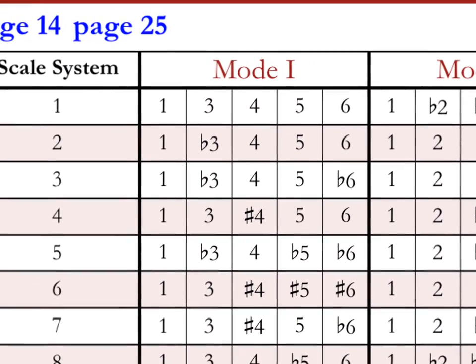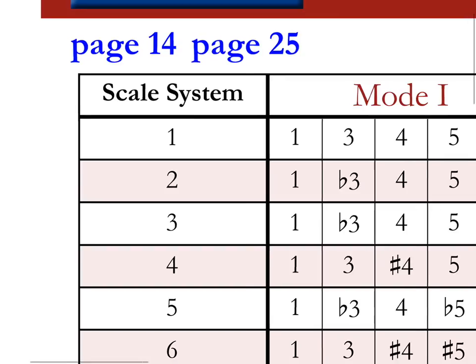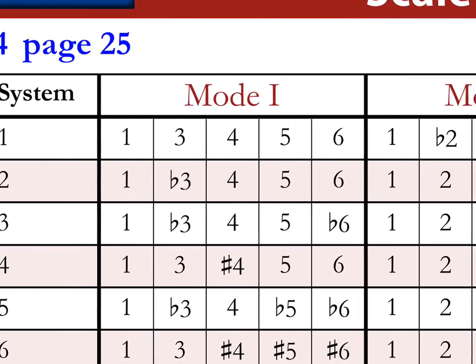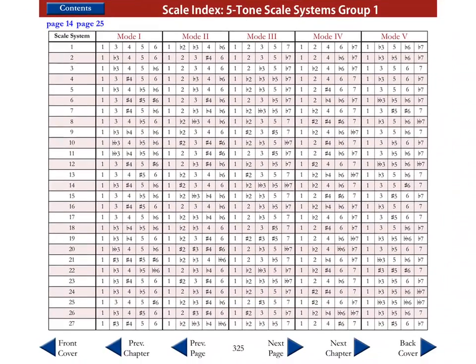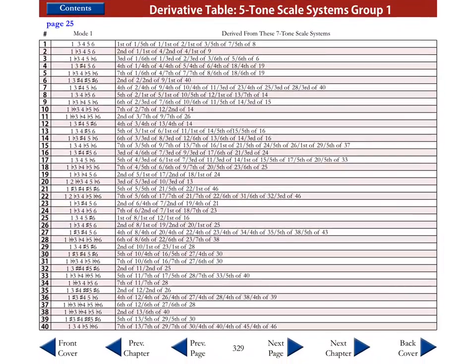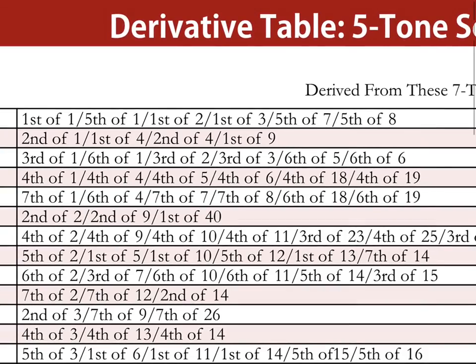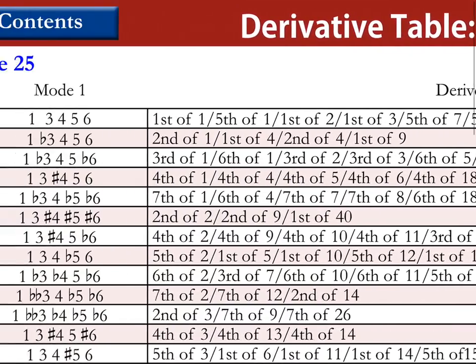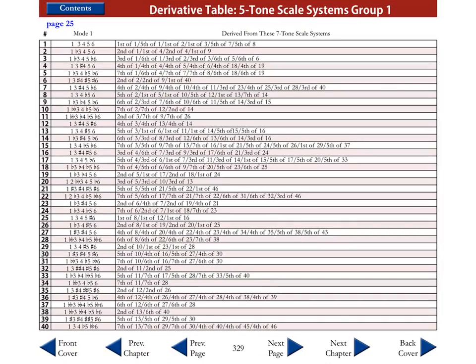So in group 1, if we look at scale system 1 for the 5-tone and look at mode 1, notice that the 2nd and the 7th degree are missing, that are omitted. And then for group 1, we also have a 7-tone derivative table for the 5-tone scale systems. And it works the exact same way.